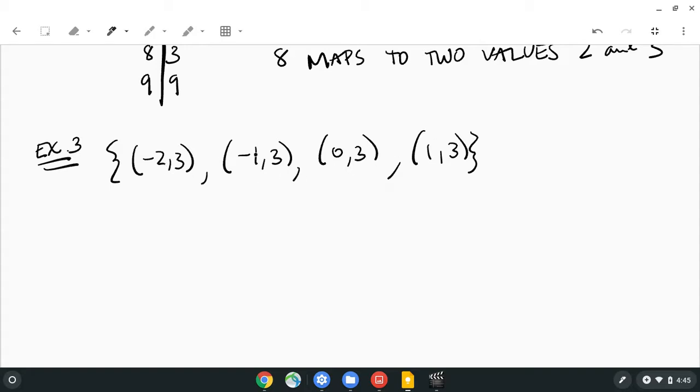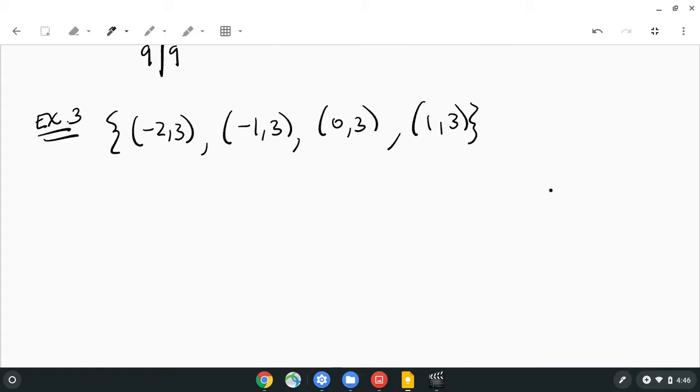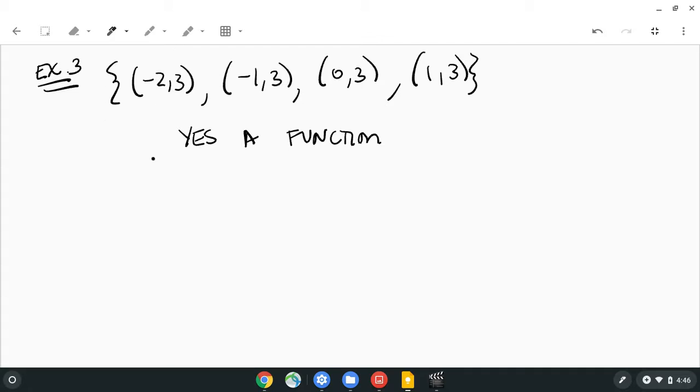Okay, all of those x values that I just mentioned, they all go to only one y value. Okay, so this is a yes. Okay, it doesn't matter that they all went to the same y value. They just have to go to a y value, and exactly 1.